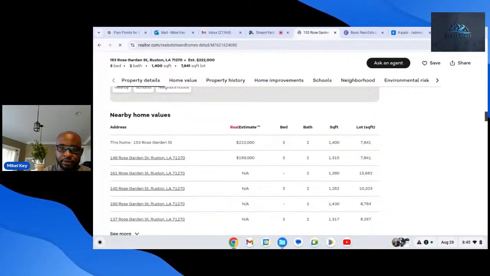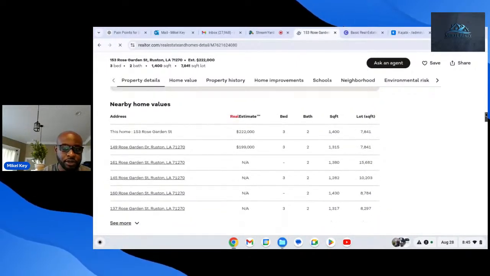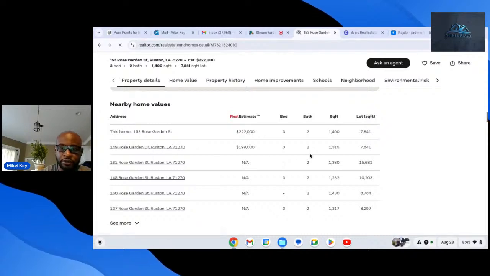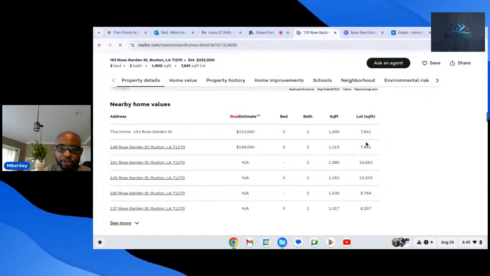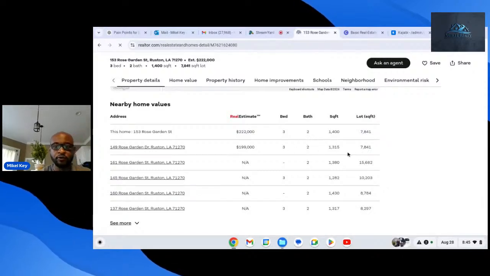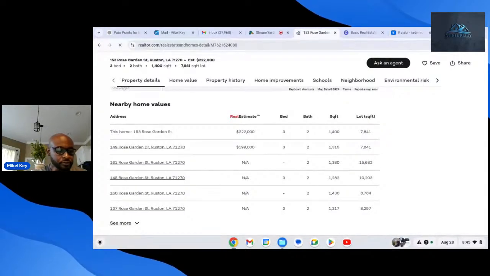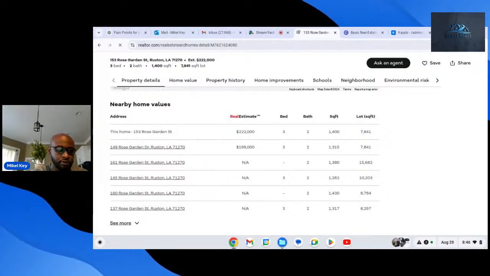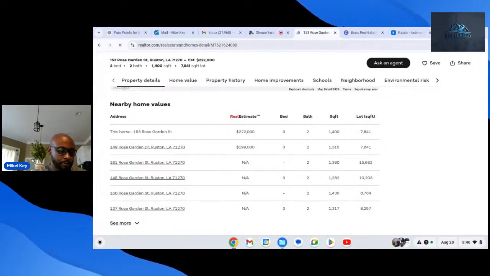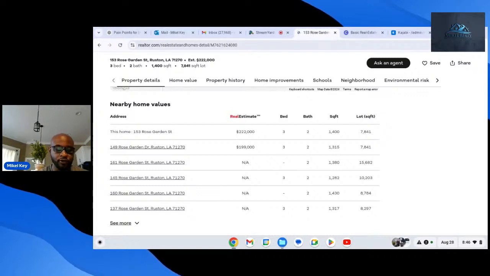Listen, it also gives you comps for your area. As you can see, 149 Rose Garden, 3-bedroom, 2-bath, 1,315 square feet. If we play around with that number and do some basic math, $199,000 divided by 1,315 is $151 a foot.